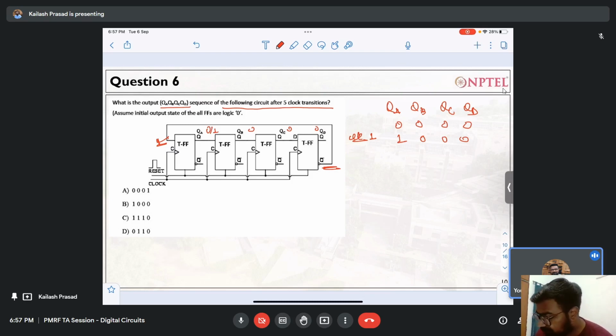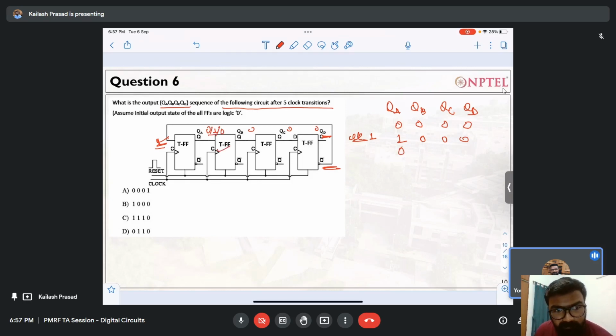Now in the next clock cycle, what will happen? This is 1, and this node is initially 0, so Q bar will still remain 1. If that is the case, this 1 will go to 0. Initially it was 1, so this will flip.